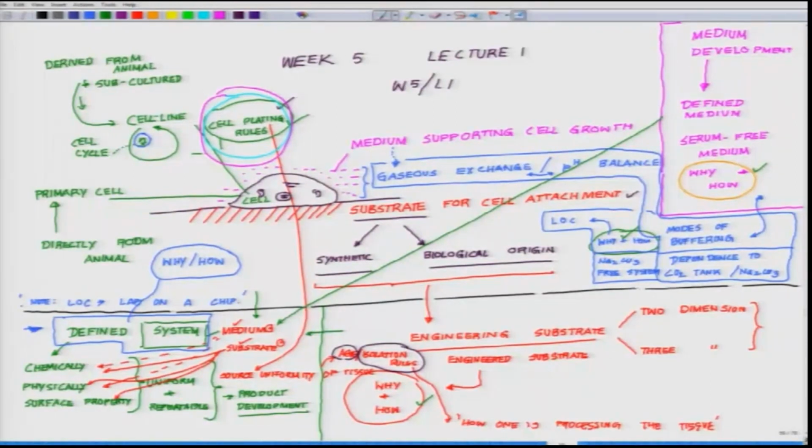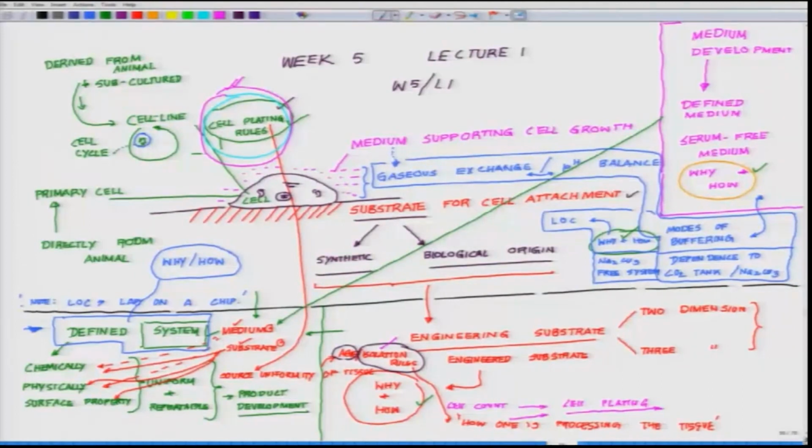When we talk about defined conditions, these are the small parameters which will come very handy. We talked about the isolation rules, then let me add one more in your master slide, cell count, followed by cell plating. So, is it making sense how small details influence the results you are going to interpret?